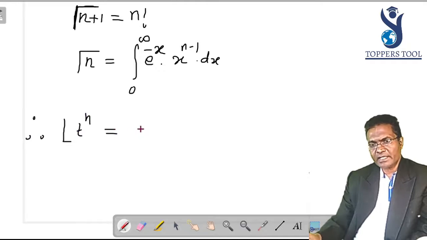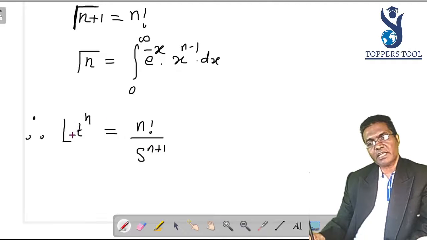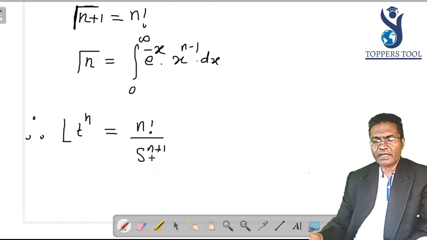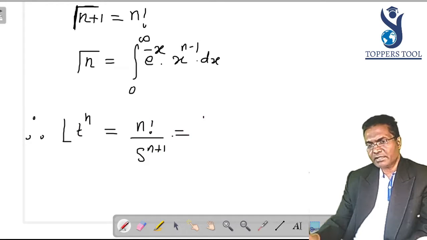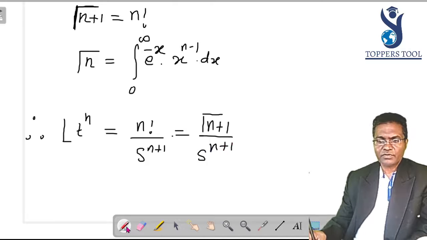The Laplace transform of t power n is n factorial by s power n plus 1, and n factorial in terms of gamma can be written as gamma n plus 1 by s power n plus 1.